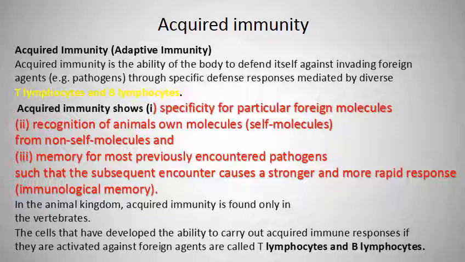Acquired immunity also shows specificity for foreign molecules, recognition of self from non-self, and memory, and is found only in the vertebrates, and the cells that develop the ability to carry out the responses are the T lymphocytes and the B lymphocytes. So this is what you have to know in this particular slide.